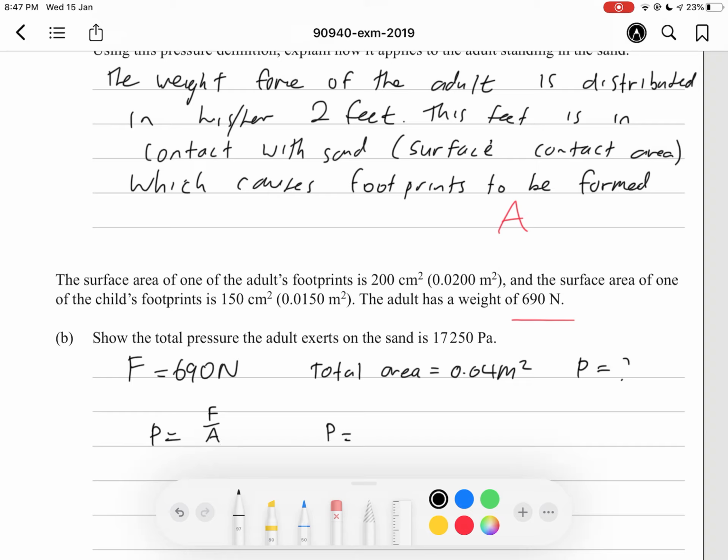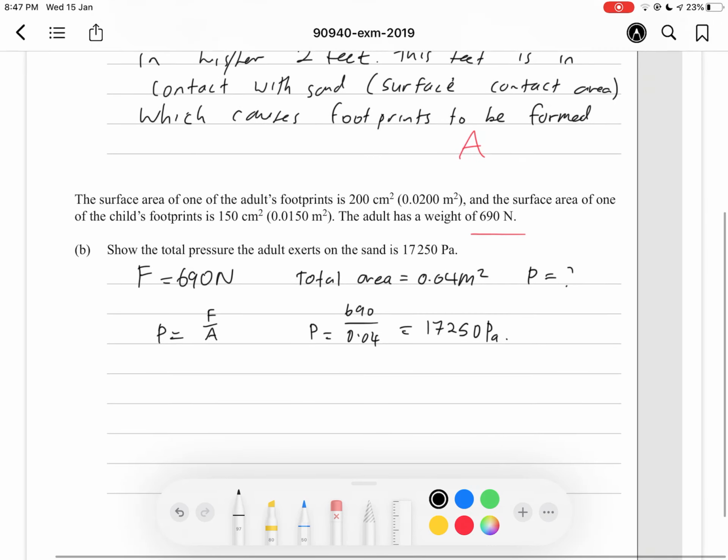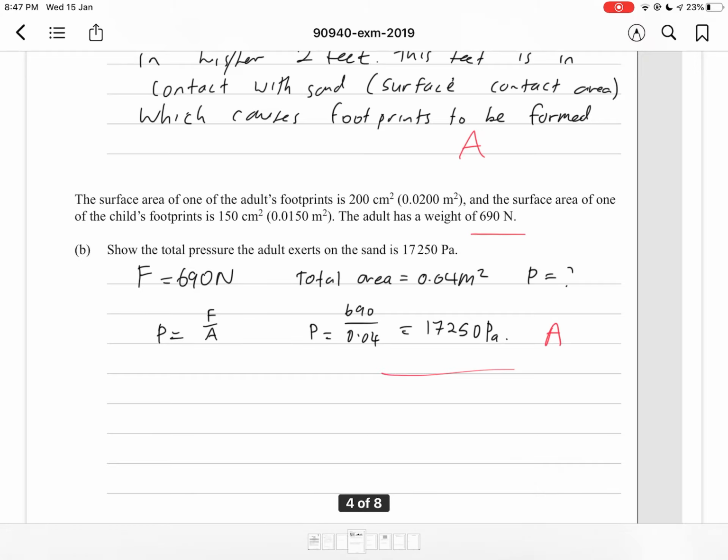So pressure equals force, which is 690 newtons, divided by 0.04, which is the area in contact with the ground. 690 divided by 0.04 does indeed give us 17,250 pascals. That's it for this question, and this is just a one-step calculation, so this should just be another achieve question, achieve mark.